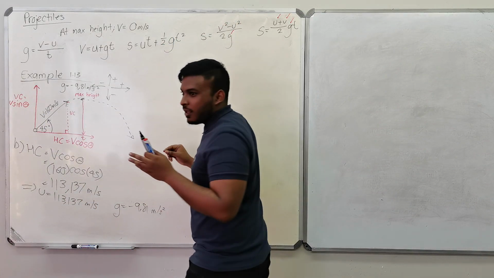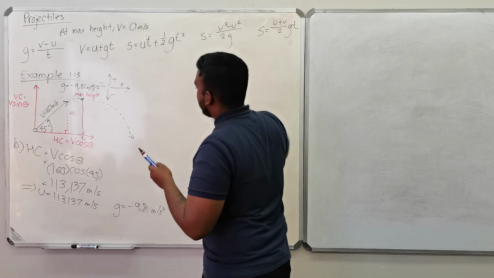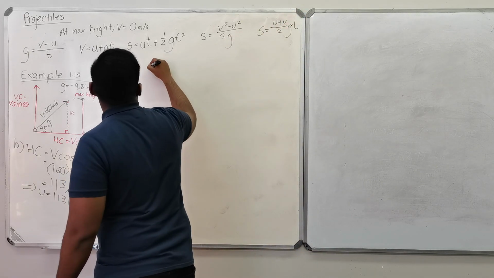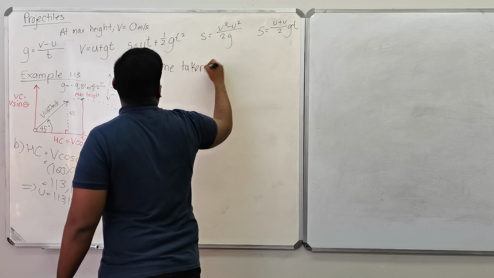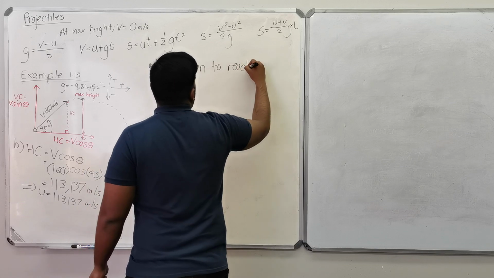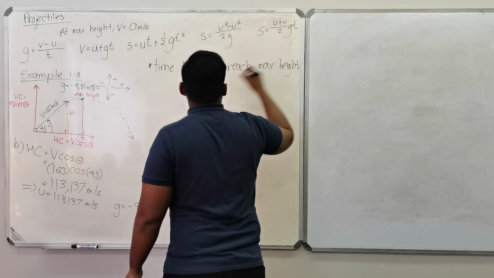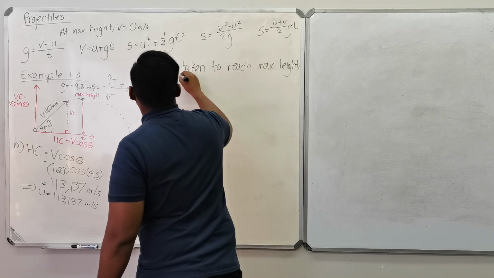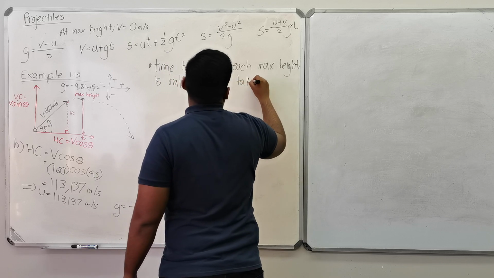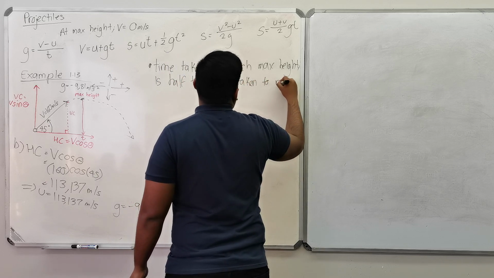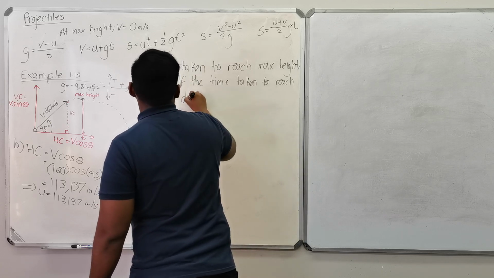Are you with me? So can you go back to that thing? It said the maximum height is half what? So I'll write it down there. The time taken to reach maximum height is half the time taken to reach the full displacement.